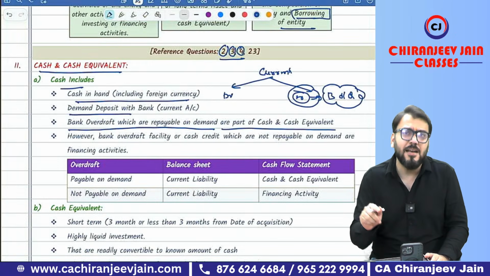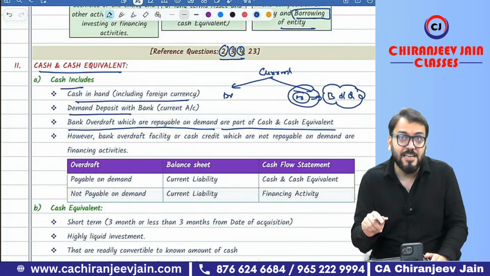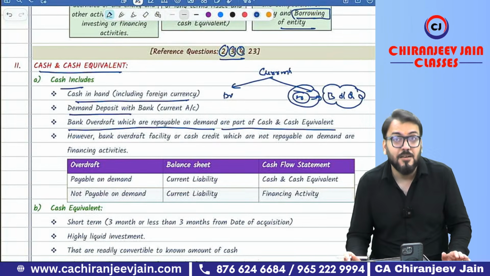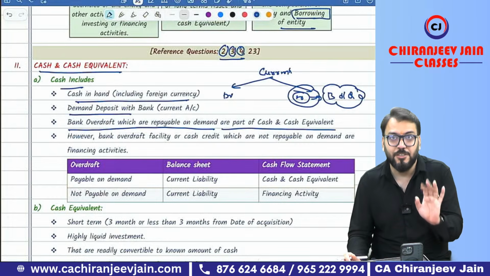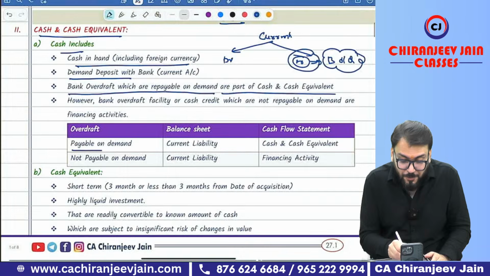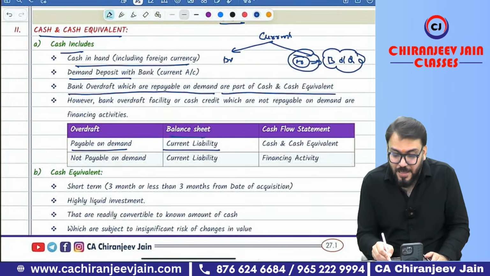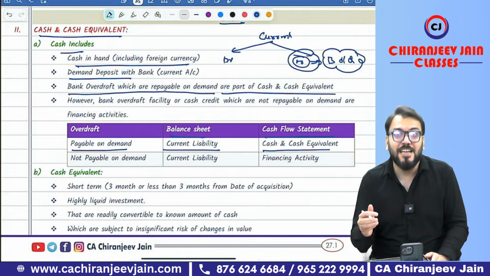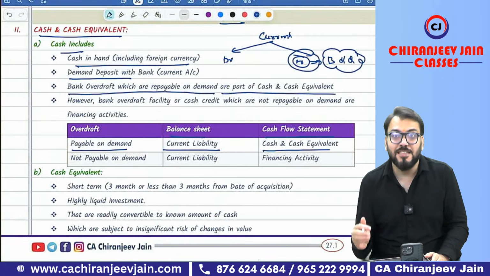However, any bank overdraft facility, any cash credit, which is not repayable on demand is considered as financing activities. So there are two types of bank overdraft. Any bank overdraft which is payable on demand: in the balance sheet it is a current liability, but in the cash flow statement it will be shown as a part of cash and cash equivalent and reduced from cash and cash equivalent.